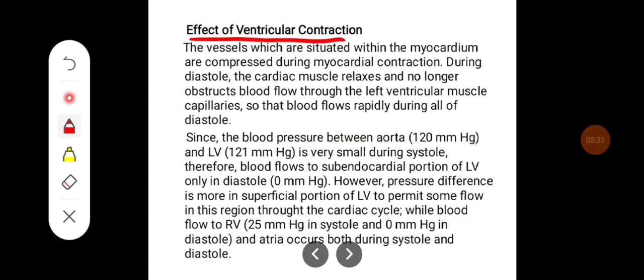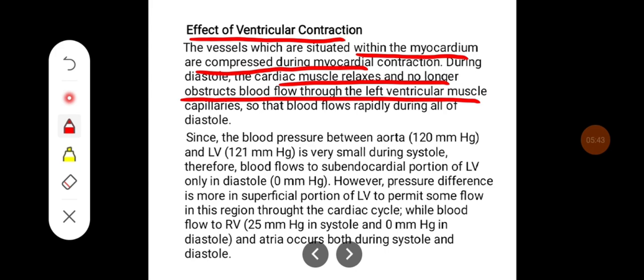The effect of ventricular contraction: the vessels situated within the myocardium are compressed during myocardial contraction. During diastole, the cardiac muscle relaxes and no longer obstructs the blood flow through the left ventricular muscle capillaries, so blood flows rapidly during all of diastole.